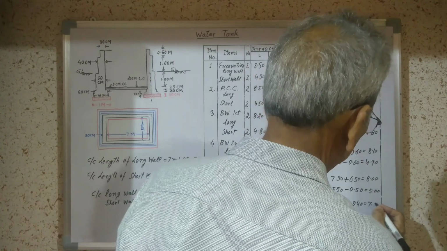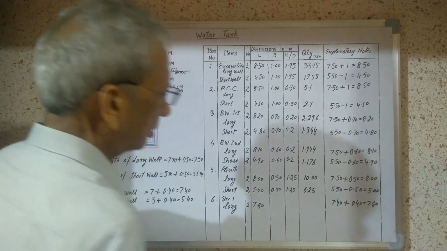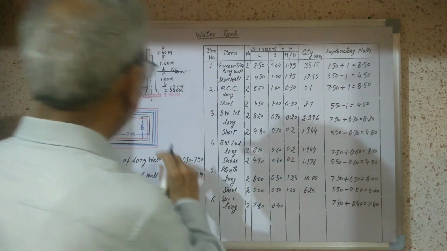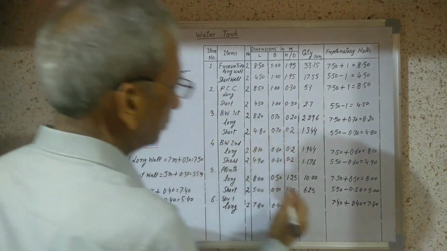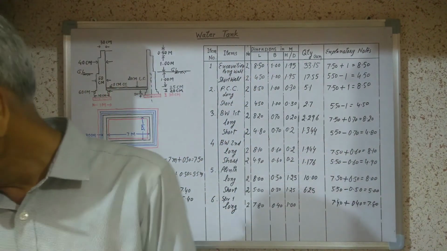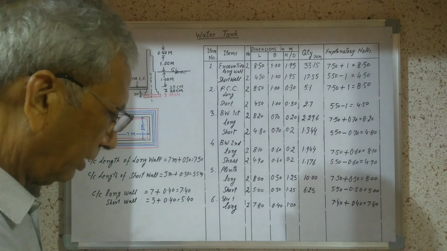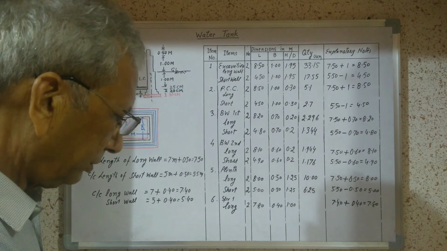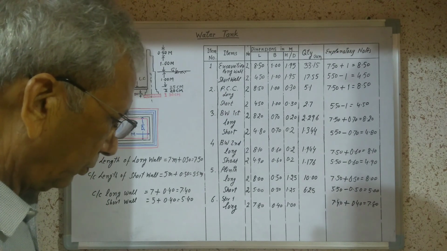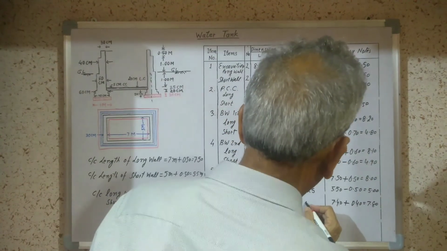It will be 7.80. We will write here 7.80. Now the width of the wall is 40 centimeter and height of the wall is 1 meter. Now we will do the calculation. 2 multiplied by 7.8 multiplied by 0.4 and multiplied by 1 meter. It is equal to 6.24 cubic meter.